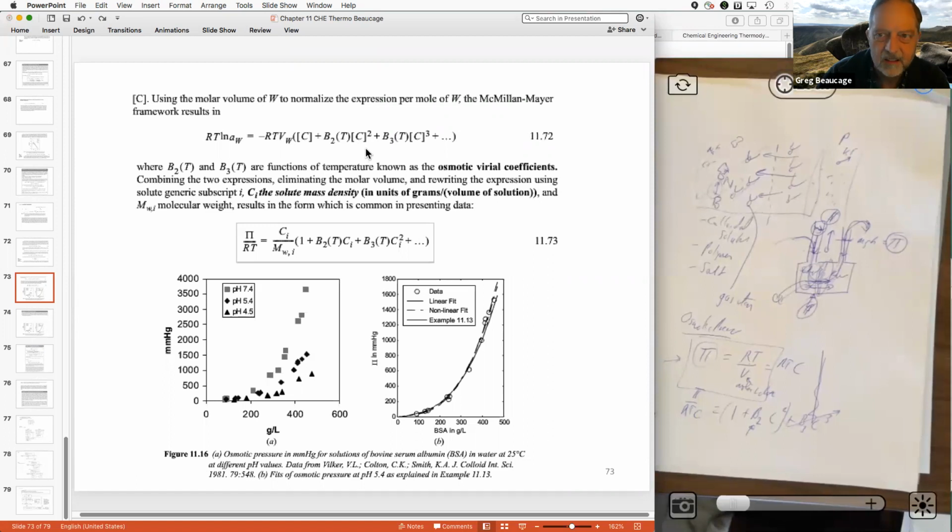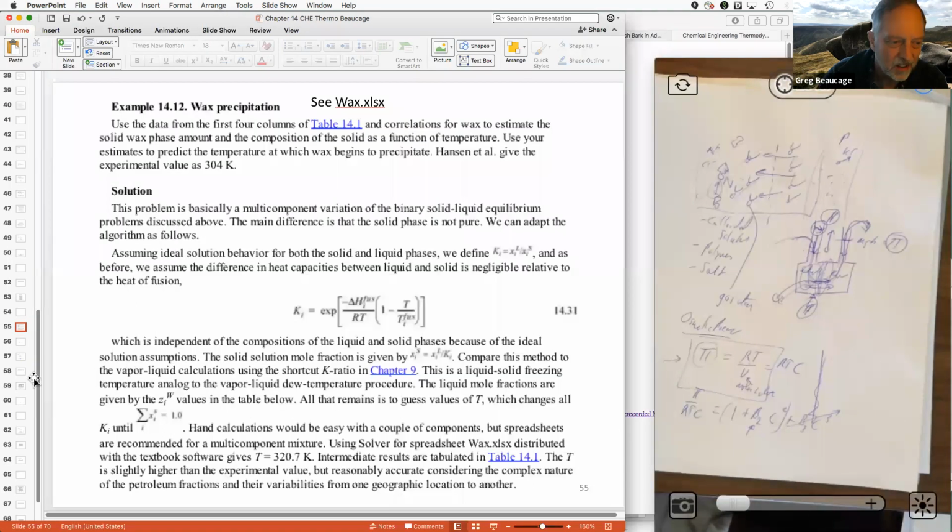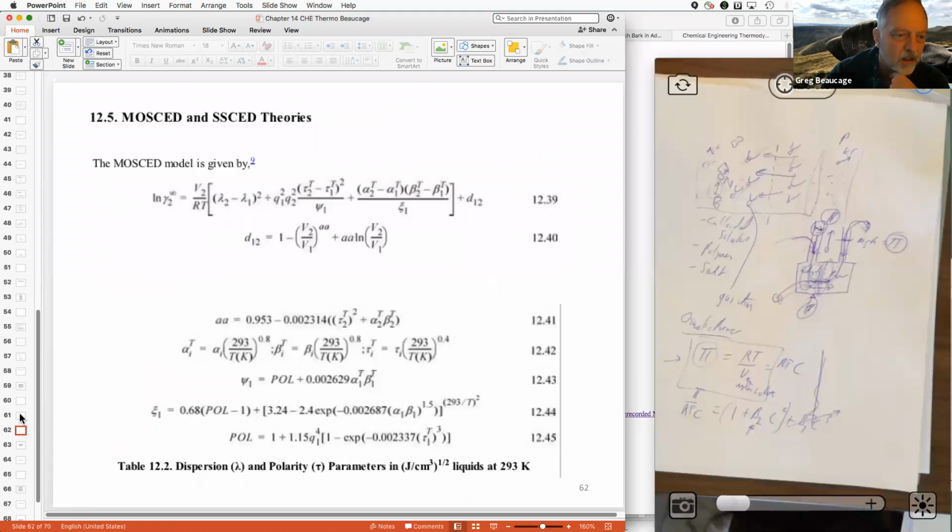Then the next thing is chapter 14. Right? So chapters 12 and 13 have to do with more, like we've already seen the NRTL and these other models, right?